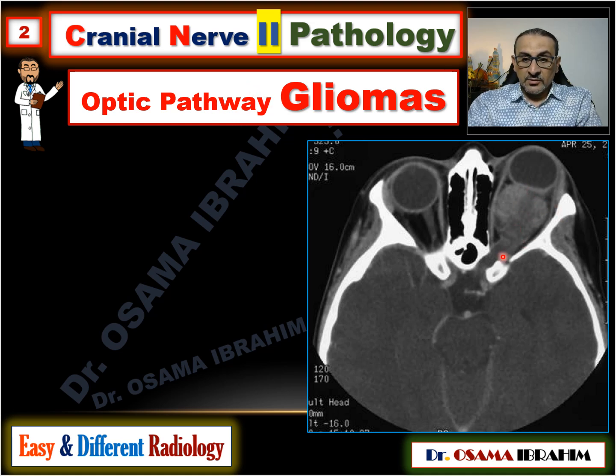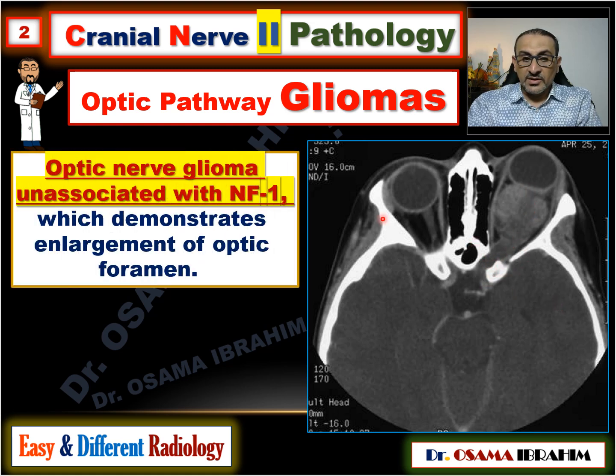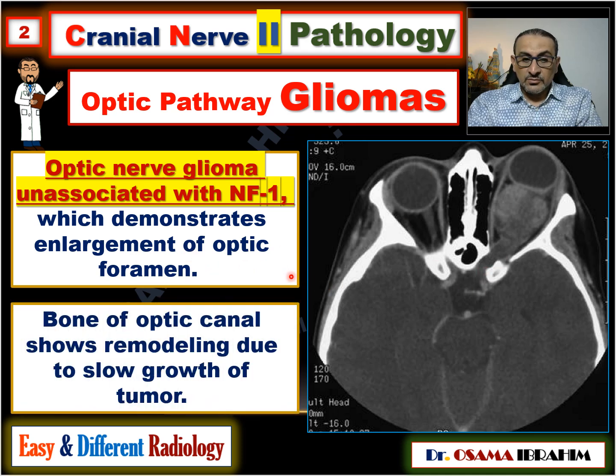If you see the optic nerve like this, fusiform or kinking, with enlargement as well as widening of the optic canal, at that time it is described as optic nerve glioma. This patient is associated with NF1, so we should exclude other features of NF1. The bone of the optic canal shows remodeling due to these benign lesions growing over time.